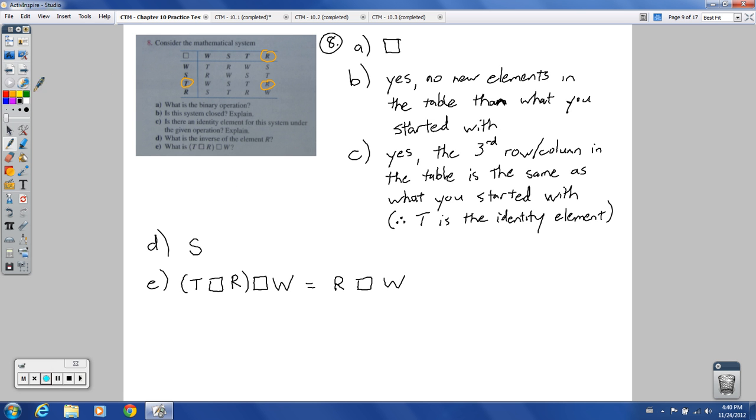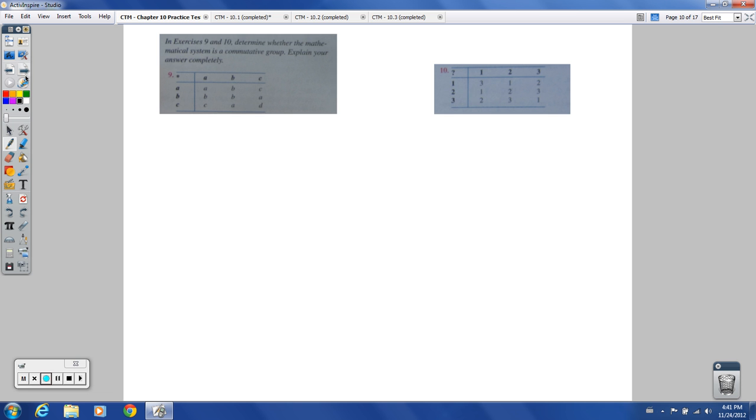And then what is r squared w? So r squared w is s, it looks like. So I should have my final answer as an s right there. And so we'll just double check that and move on if we're ready. Okay, so it looks like we're good to go.